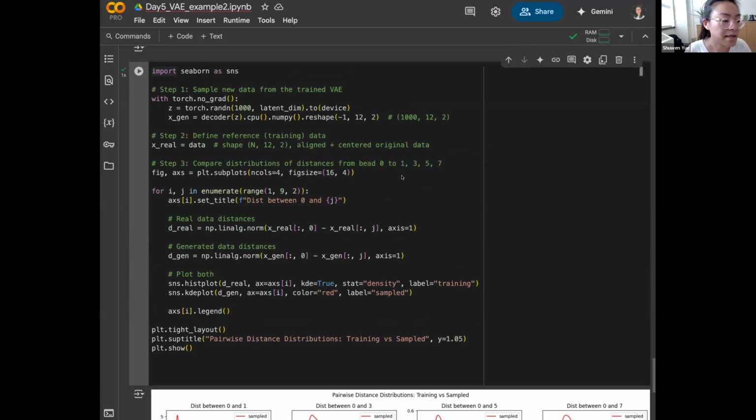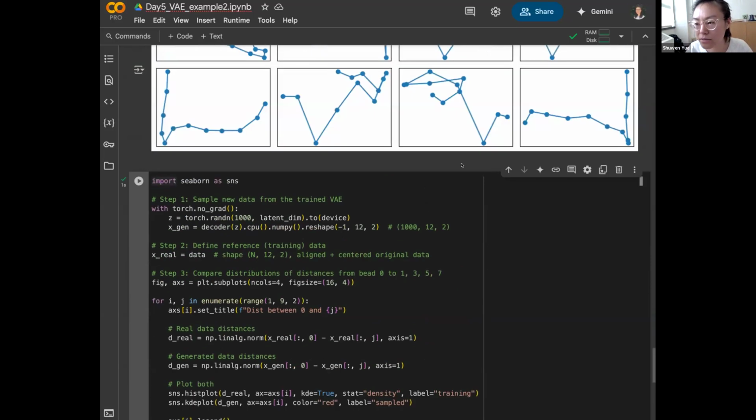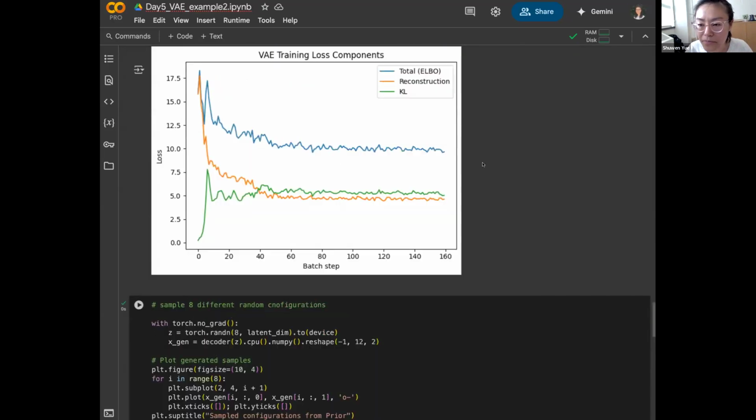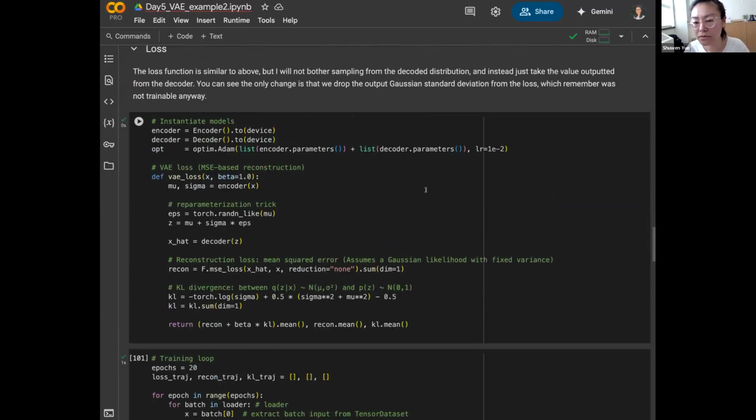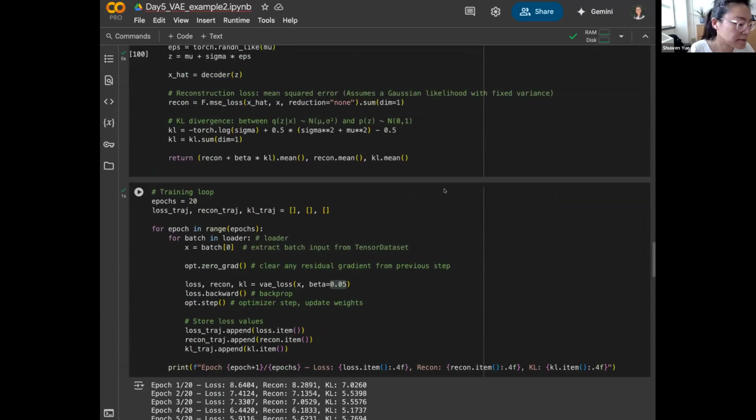I'm not sure if you mean the encoder or the output of the decoder. The output of P of X given Z, the output of the decoder, is simply that we don't have to do the categorization compared to the previous example, because that was a discrete data set. If that is the question you're asking here.